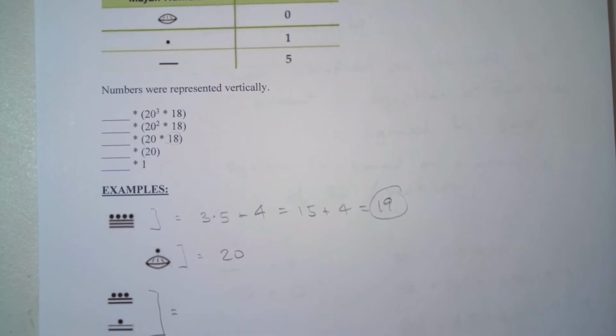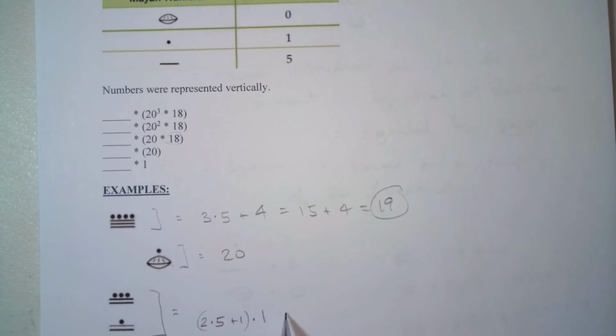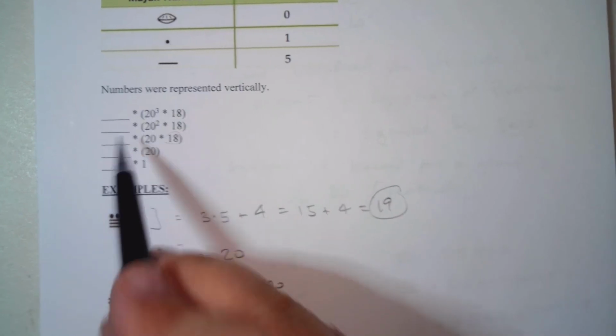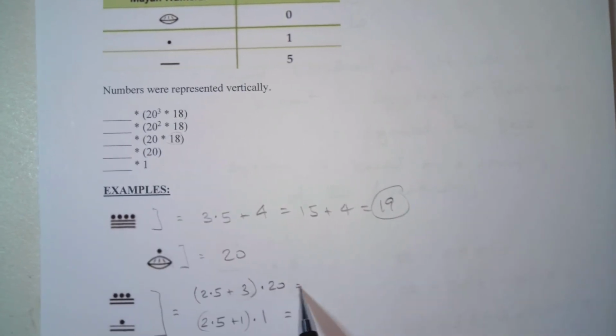So what do you see with this one? We have 2 lines, so it's 2 times 5 plus 1. That's in the 1s area. That's 2 lines of 5 with 3 extras, and that's in the 20s, the next level up. Remember, each level up, you multiply by something else.